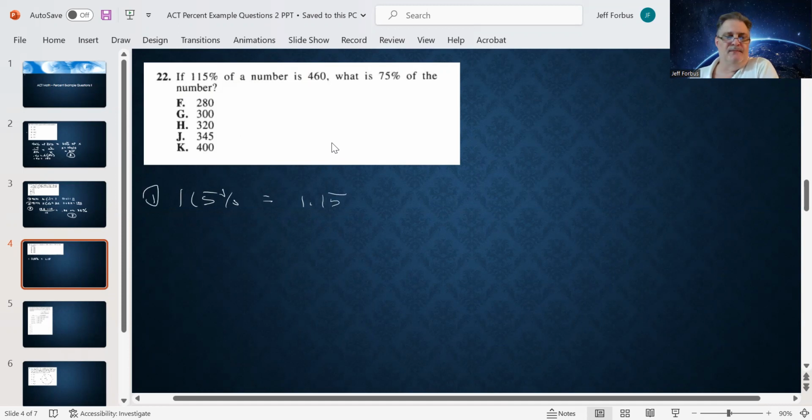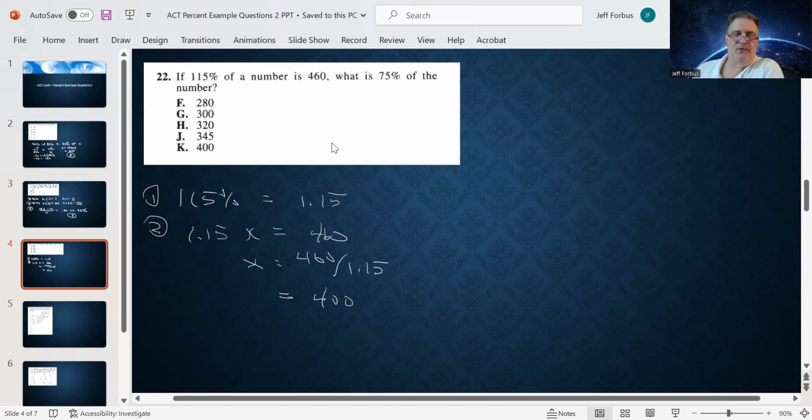That's number one thing. Number two, we're going to take 1.15 times x is equal to 460. Now we can figure out what the number is. So x is equal to 460 divided by 1.15. Now that's going to be equal to 400.